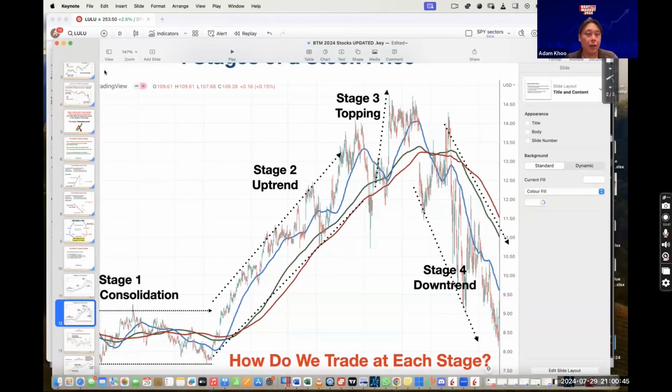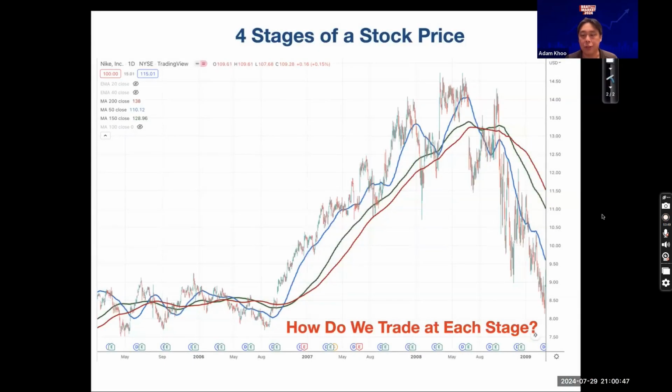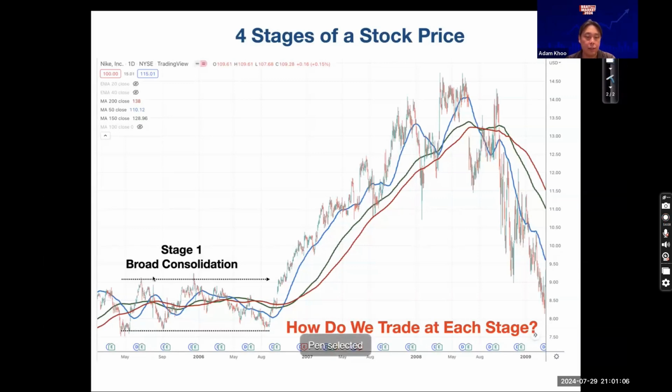Okay, let's look at Nike. Now, this was some time ago. This is not a recent chart, but just to show you again, tell me what stage this is in. Stage 1. Very good. How do you know? Because moving averages are crisscrossing, right? And you can see it's kind of in a range, like a box.